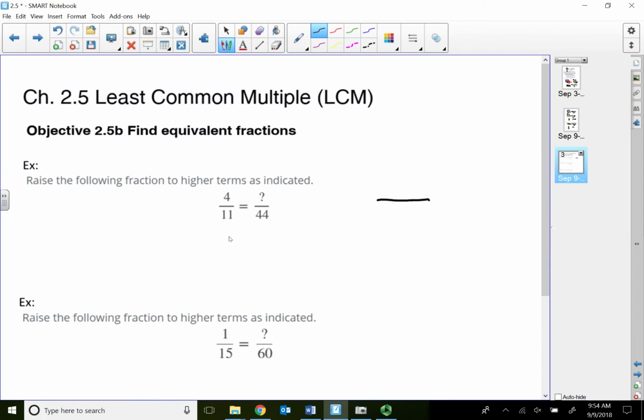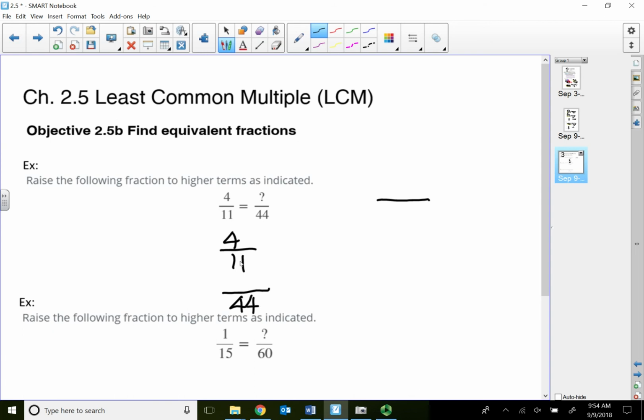So whatever fractions you have originally with a denominator of 11, for example, if my least common multiple turns out to be 44, I'm going to write it a different way. I'm going to say 4 over 11 right here on the top. So to find the equivalent fraction, let's say my least common multiple is 44.